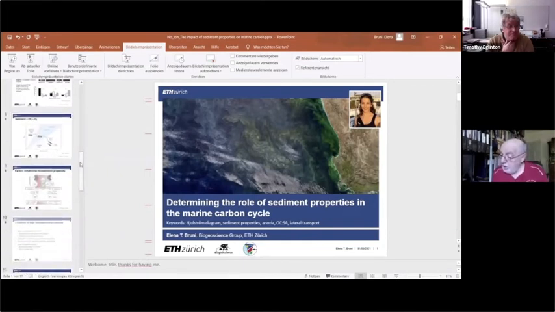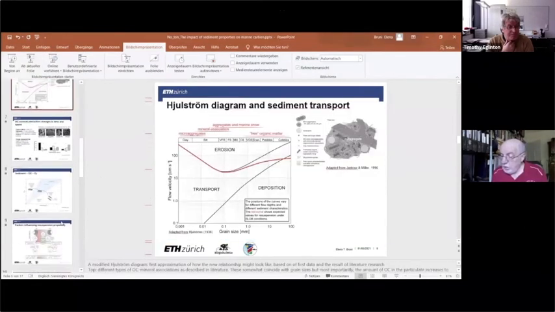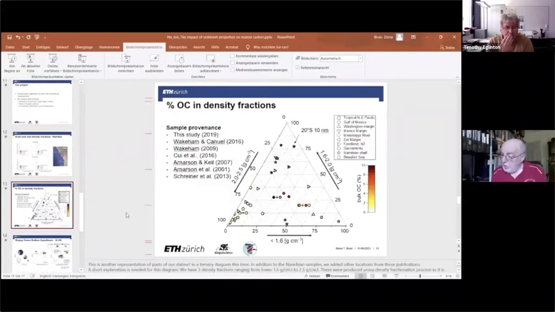If I see your figure in slide 13, I conclude that most of the Namibian material is of low density, smaller than 1.6 grams per cubic centimeter. That means, if I interpret it correctly, that it's loaded with organic matter.